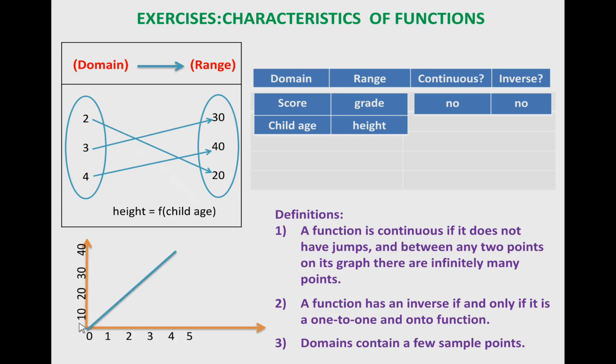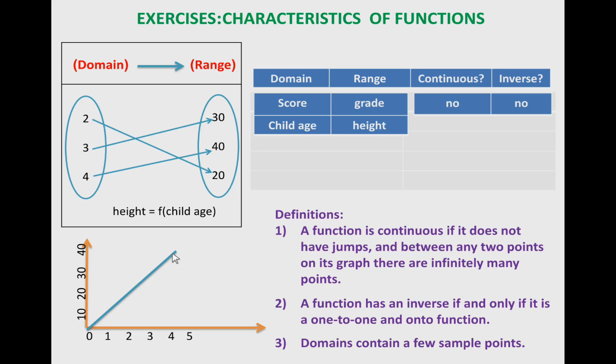Here is the plotting of the function. It's clear that at 2 it's 20, at 3 it's 30, at 4 it's 40. So this function is a linear function because it's a straight line.